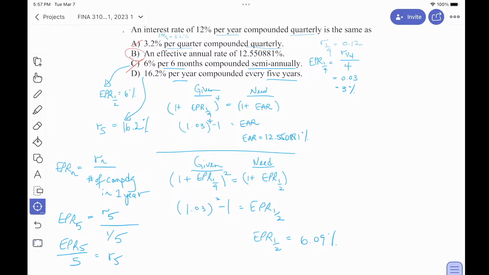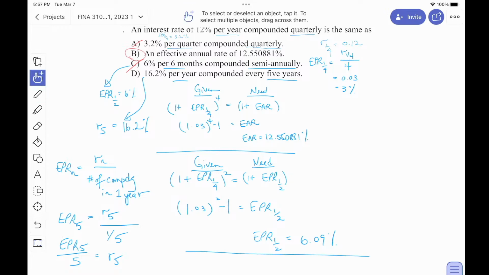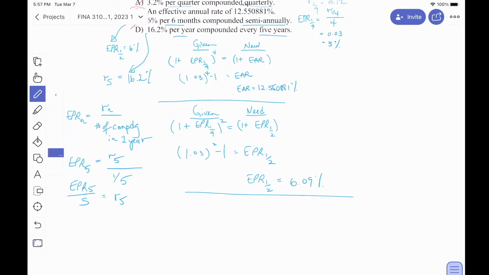So I need EPR 5. How am I going to get that? Well, just like I did the others, I use the relationship. I want EPR5, and I have the EAR, I have the EPR 1/2, let's go back to this one in case I made a mistake somewhere. Let's use the quarterly rate. So how many quarters are there in 5 years?